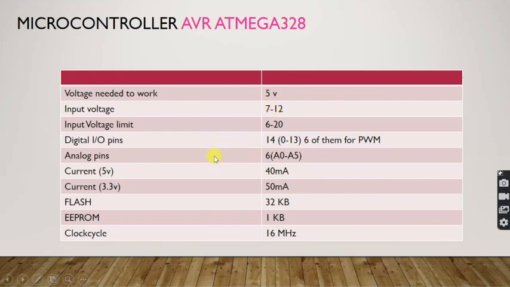The digital pin, the analog pin, the current: it will provide 14 milliampere current with 5 volt and 15 milliampere with the 3.3 volt. It has a flash memory and EEPROM and a clock cycle of 16 megahertz. That means it can perform 16 million operations per second.